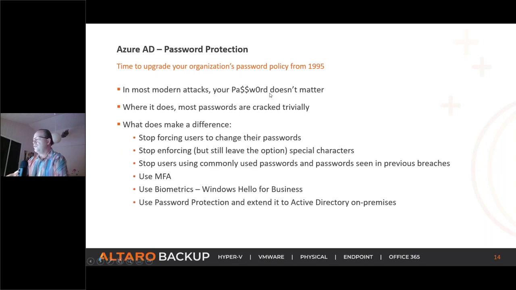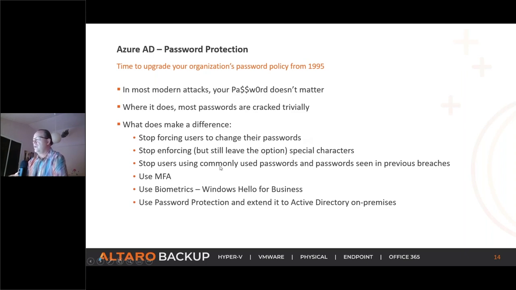And what do we actually need to do around passwords for as long as they're around? We want to stop forcing users to change their passwords. This isn't just me. GCHQ in the UK and NIST in the US are saying the same thing. Don't enforce special characters, because when you do, your users are going to put an exclamation mark at the end, or if they're really elite, they'll change an E to a 3 or an A to an at sign, and they think they're really hackery. Of course, the attackers already know this, so they'll use that.